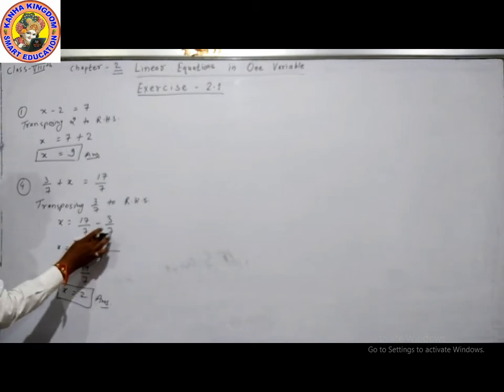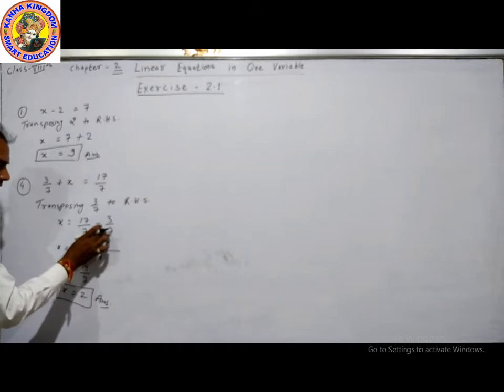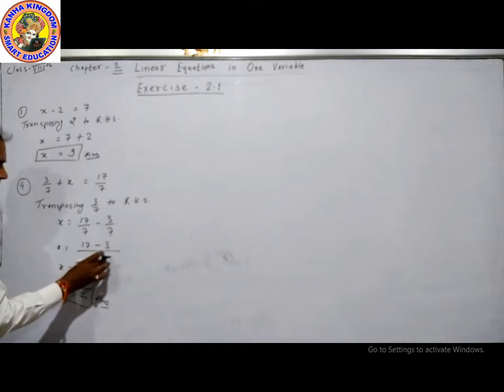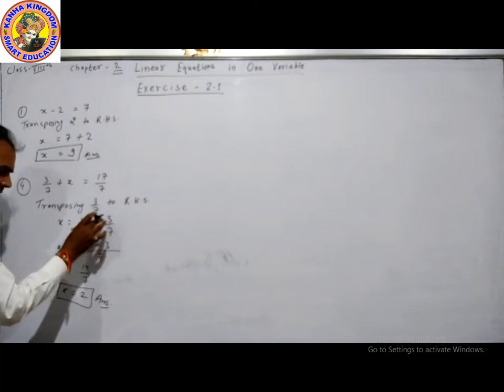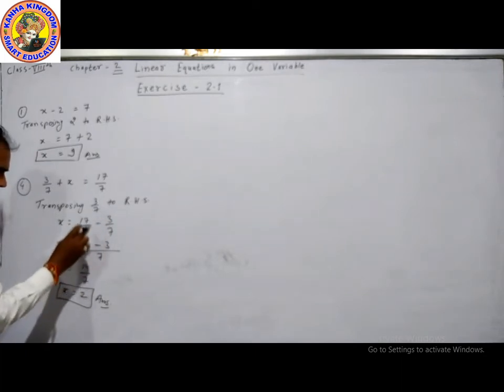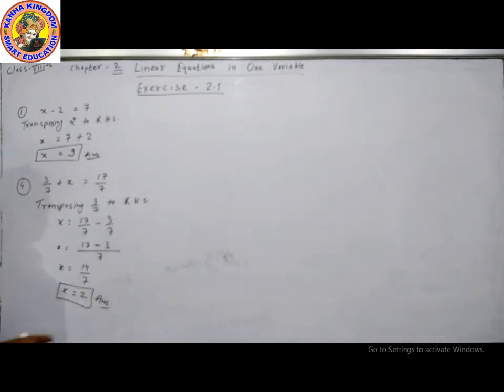We take the LCM of 7 because both denominators are 7. So LCM is 7, no change in the numerator value. This is 17 and this is 3. 17 minus 3 is 14 by 7. Answer is 2.